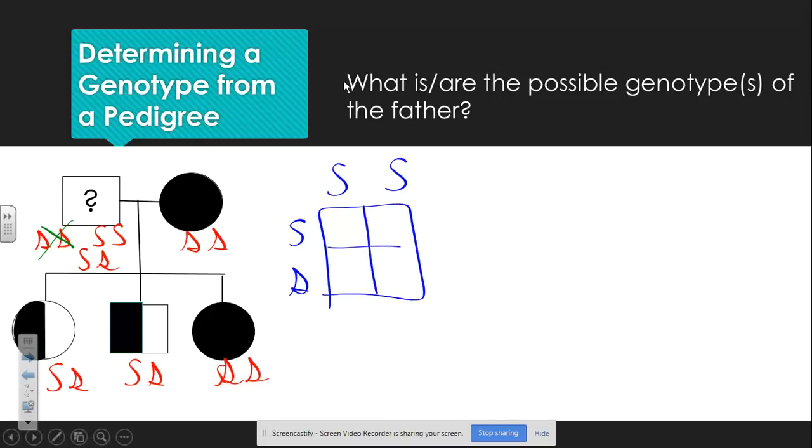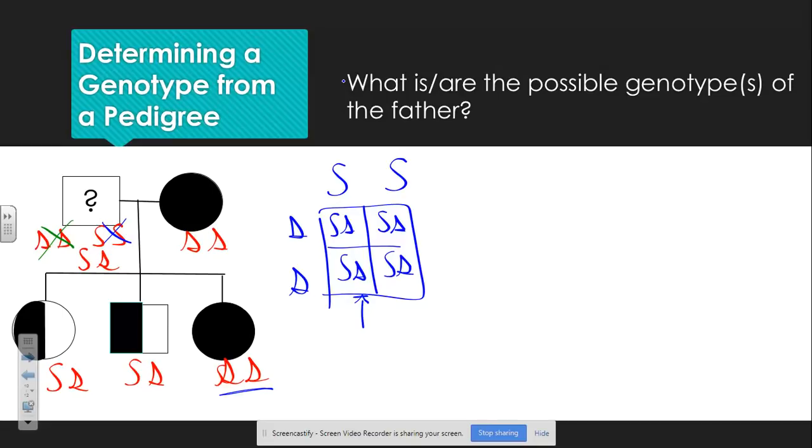Whoops. Dad had sickle cell. Okay, so if mom is homozygous dominant, it's not possible to have kids who have sickle cell disease. Okay, so this Punnett square would not explain this child. So that's out.